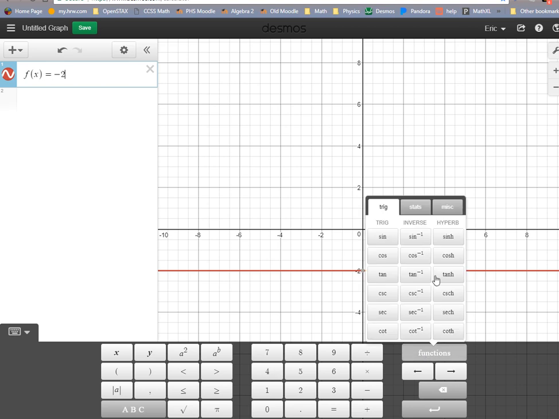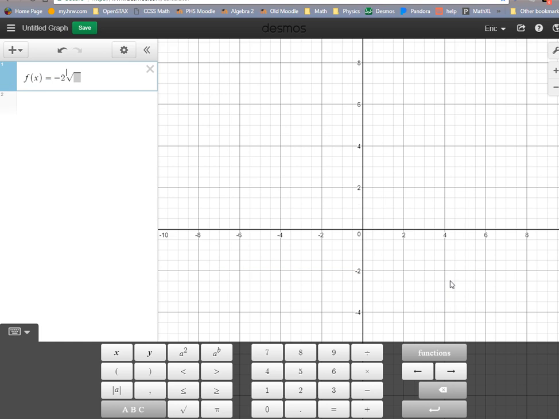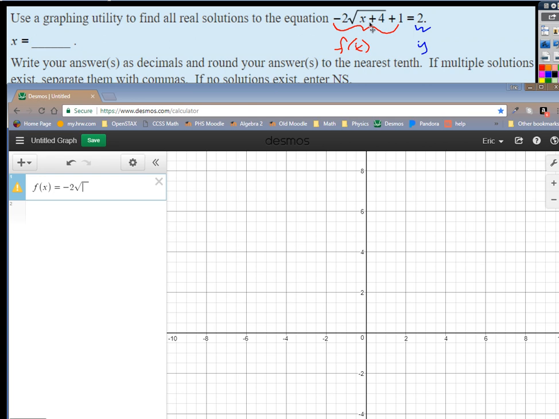Then I'd have to go to functions, miscellaneous, and then I could put the 3 up there to make it a cube root, right? But this isn't a cube root, so we can get rid of all that and just make a square root. And then inside I want to have x plus 4. If I just hit plus 1, is it going to work? If I hit plus 1, what's wrong with that? It's still inside the radical.